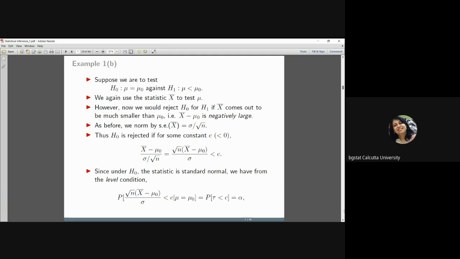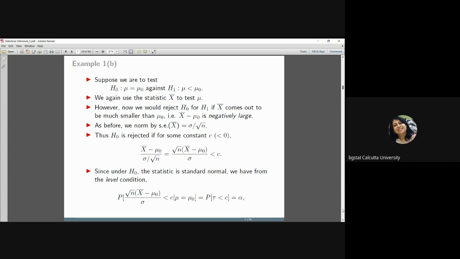In this case, under the alternative, we expect the difference to be very small, in the sense that we expect it to be negative and a large negative value. So we reject if this is less than some C. The previous test was called a right tail test. This is called a left tail test.